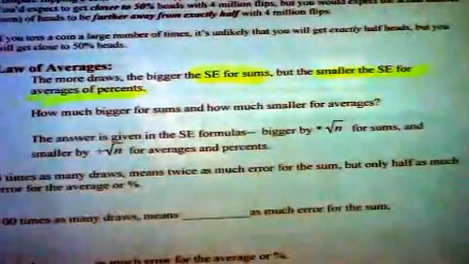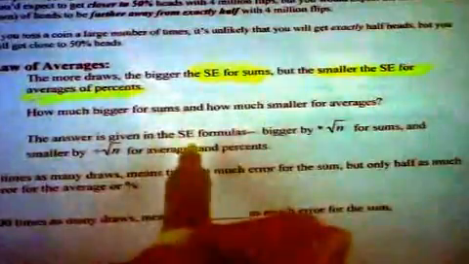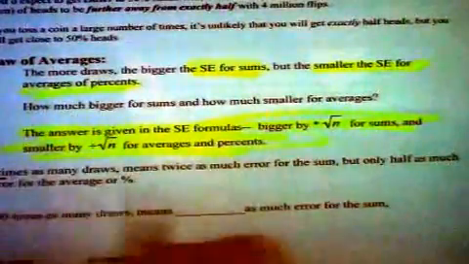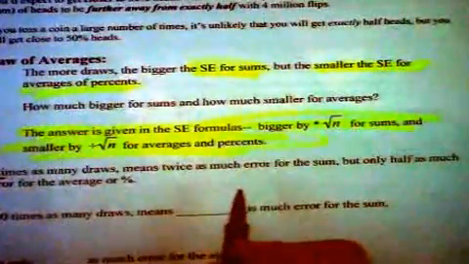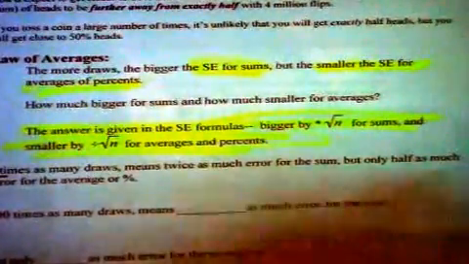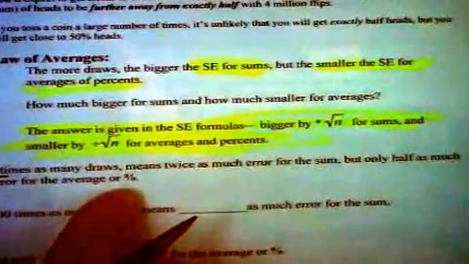But the smaller it is for averages and percents, because you divide by the square root of n. So 4 times as many draws doesn't mean 4 times as much error. It means twice as much error for sums, but only half as much for averages or percents.